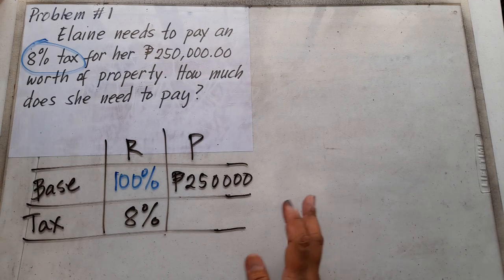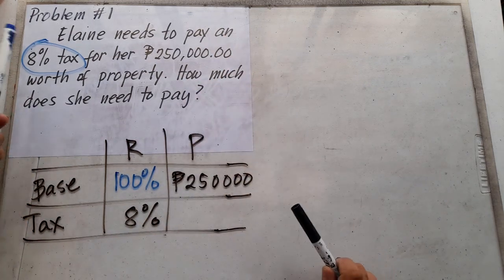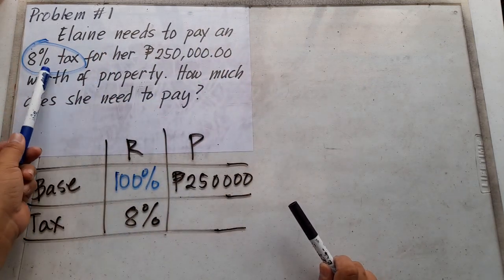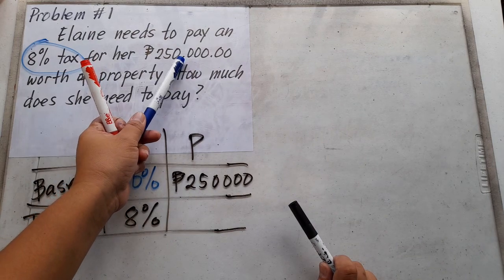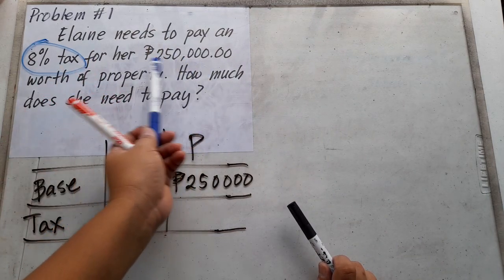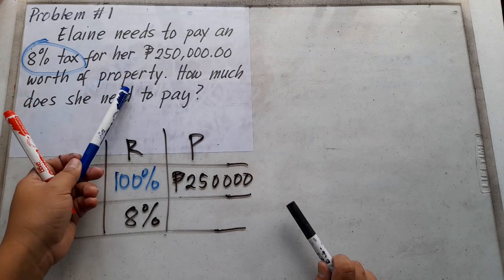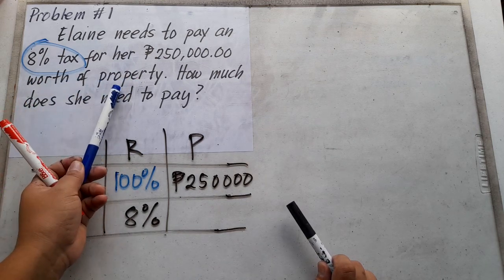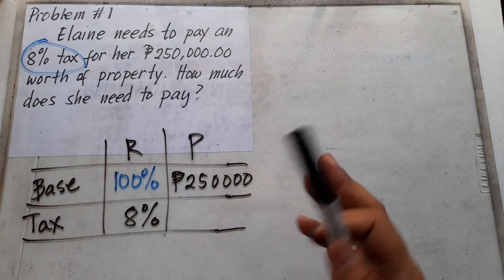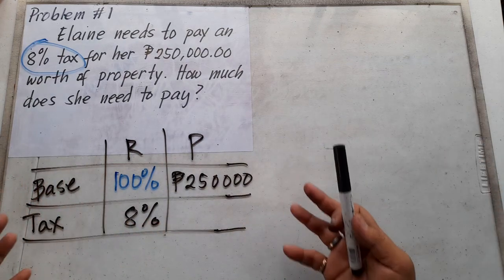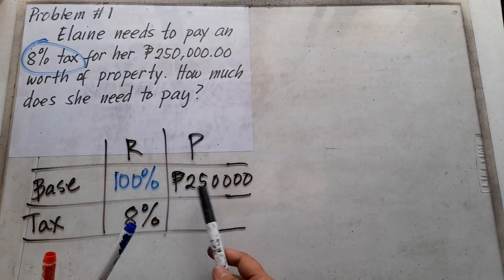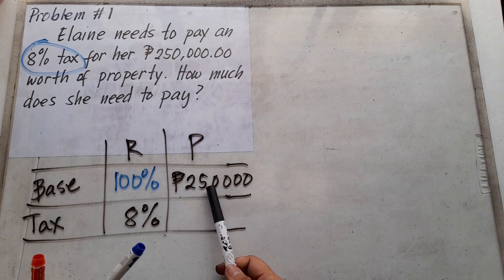So, ang gagawin natin, pag-aralan natin yung problem. Elaine needs to pay an 8% tax for her 250,000 peso worth property. What makes this 250,000 peso a base? Kasi yan yung kanyang property. Yung halaga ng kanyang property. When we talk about worth of property, it's the base price. Okay? Yun yung original price ng property.